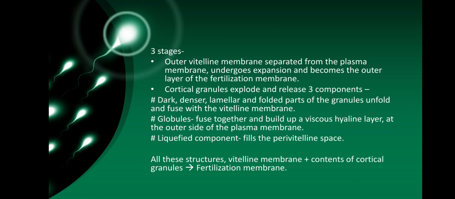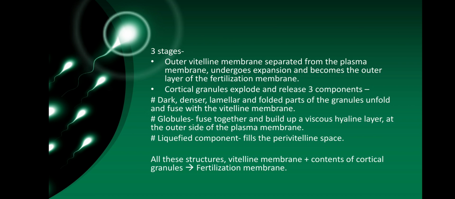The outer vitelline membrane, separated from the plasma membrane, undergoes expansion and becomes the outer layer of the fertilization membrane. The cortical granules explode. That's the first one. Second, the cortical granules, the rounded structures present just beneath the plasma membrane, explode, and they release mainly three components. First, the dark, denser, lamellar and folded parts of the granules unfold and fuse with the vitelline membrane.